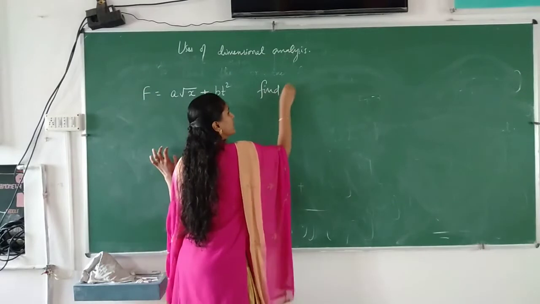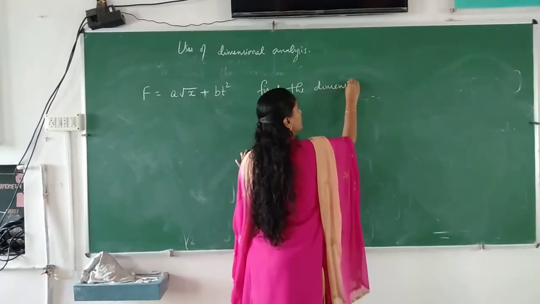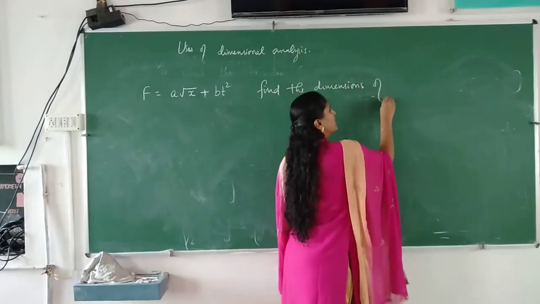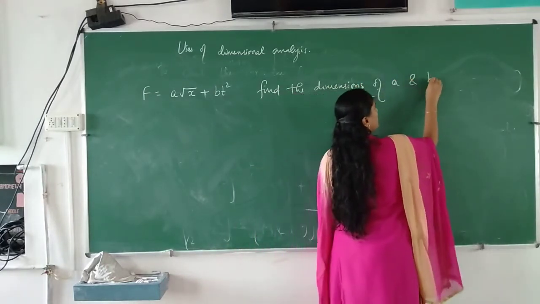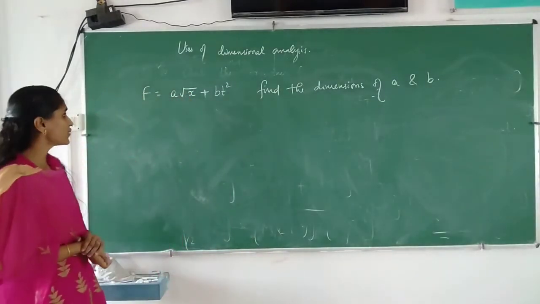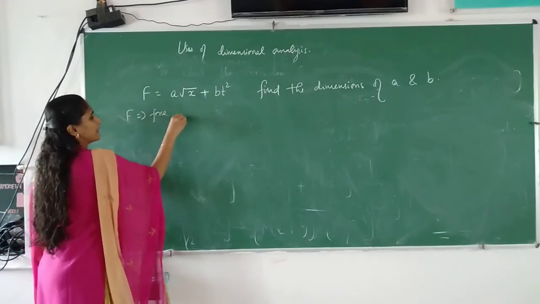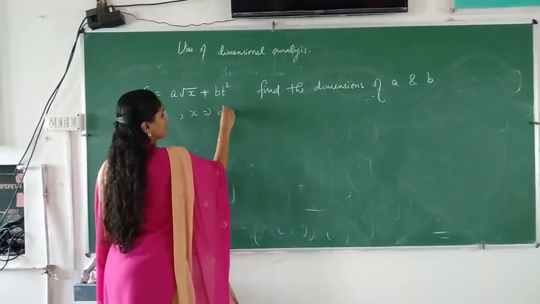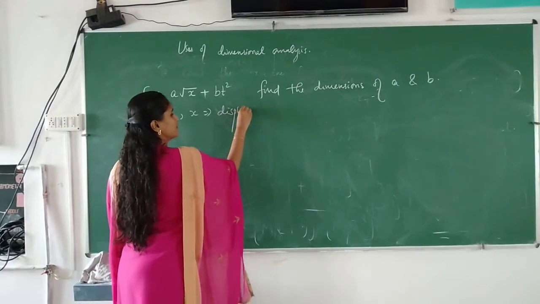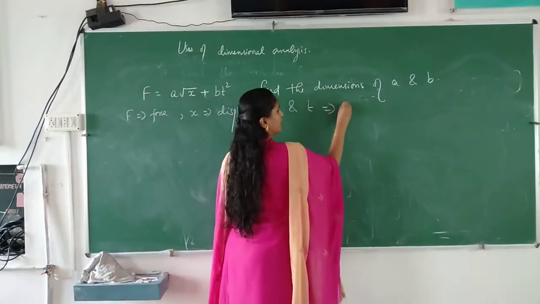Find the dimensions of A and B, where F is force, x is displacement, and t is time.